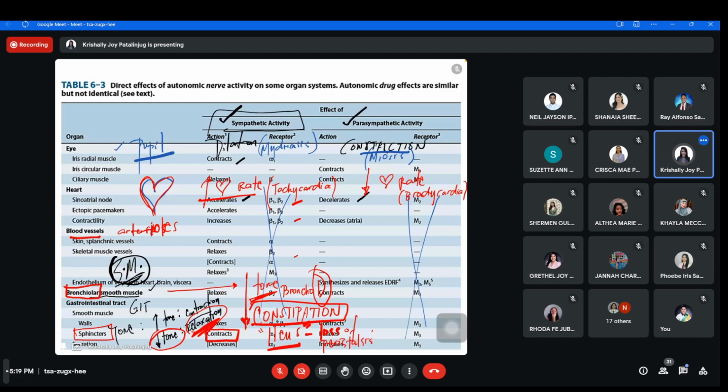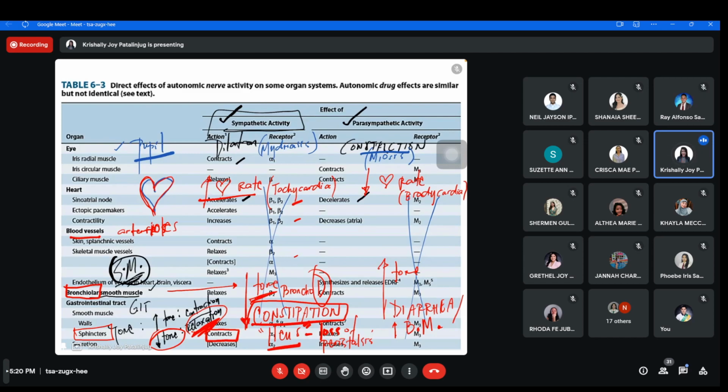And the antonym of constipation is diarrhea. So write there, diarrhea. Is the spelling right? Okay, diarrhea, or there is increased bowel movement. So when bowel movement increases, our realization is that there is greater tone in the smooth muscle of the GIT. Since diarrhea is happening, bowel movement is increased.